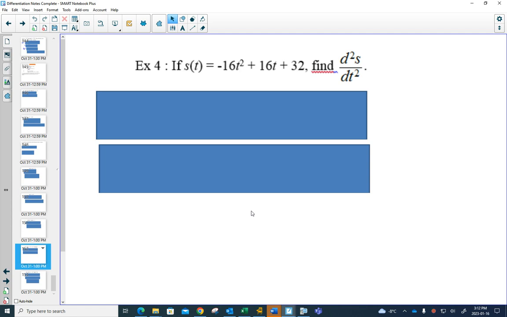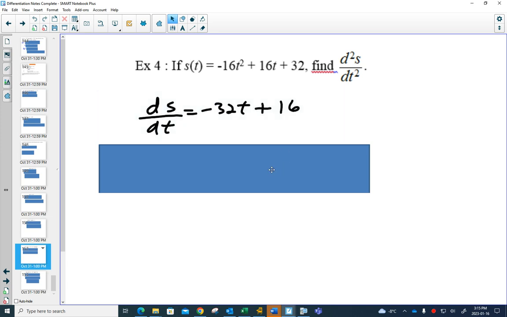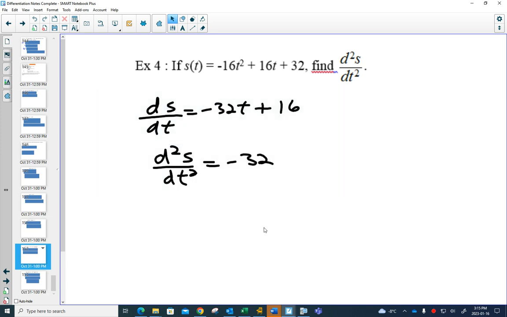All right, try example 4. In example 5, I will put up the answers in a bit. All right, so there's the first derivative. There's the second derivative.